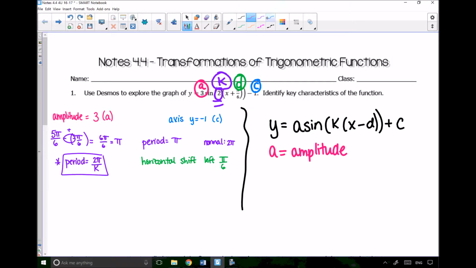We can also conclude that our k value will tell us our horizontal stretch or compression. But this will affect our period more than anything else, right? So we know that 1 over k gives us our horizontal stretch or compression.